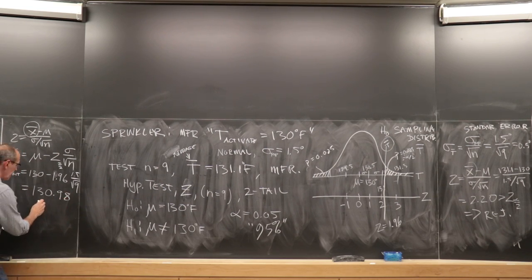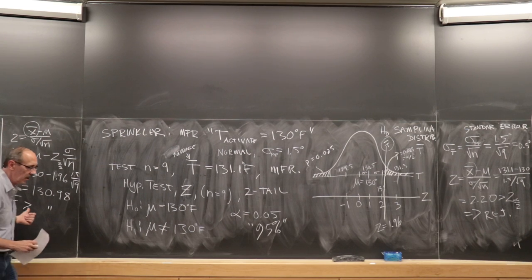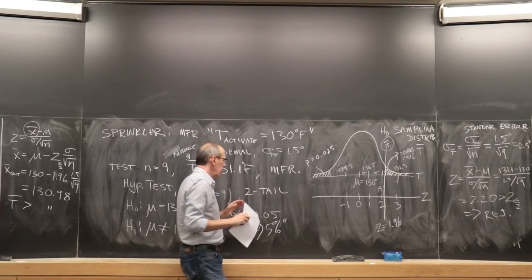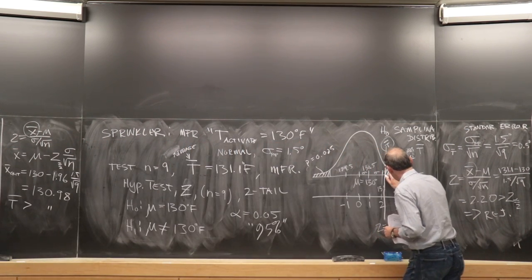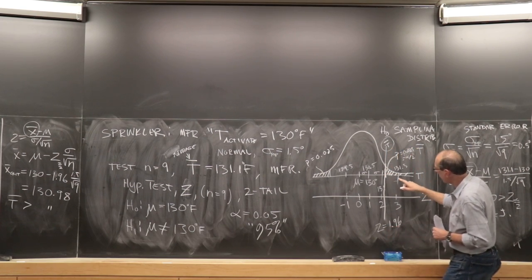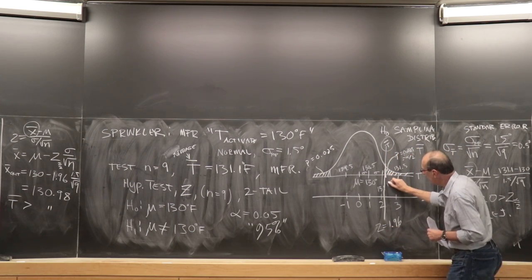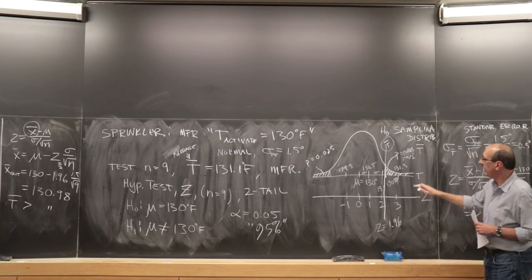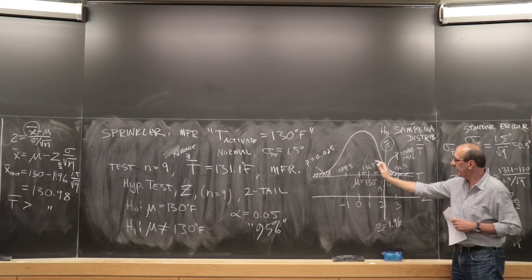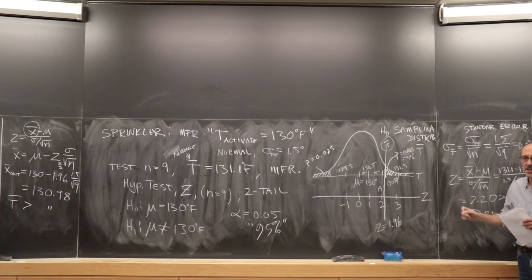And that is, of course, less than my t-bar. My t-bar is greater than this number, and therefore I'm past that number. So this critical value, the edge of the rejection region in this case, is 130.98. And it's on this side, so our data is off in that rejection tail.